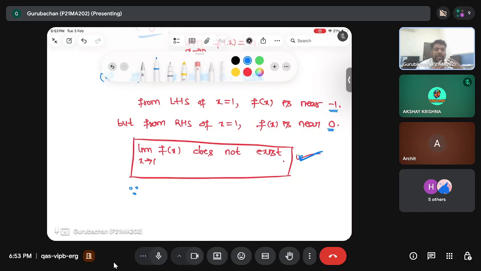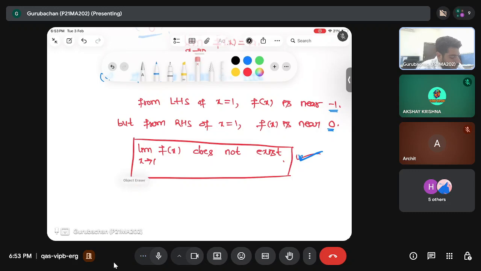How can you claim that? So because if we come to that point from the right side, the approaching value is different, and from the left side it is different. So if it's not the same, we cannot take a unique value. Exactly. This is one property of a limit.